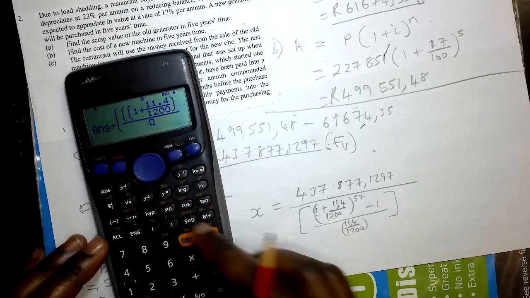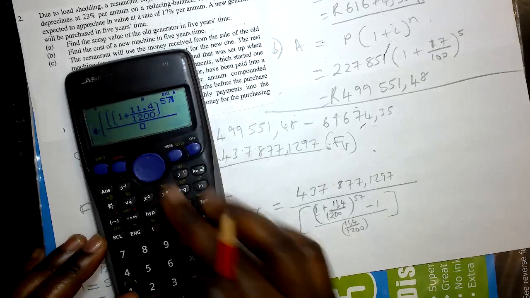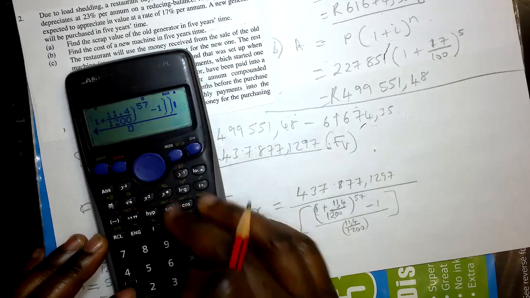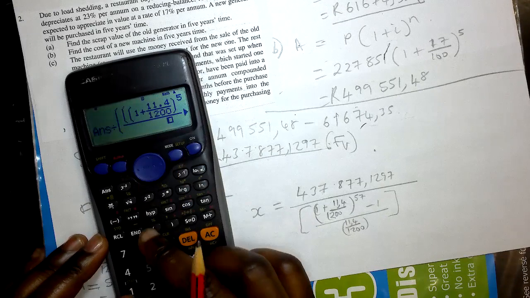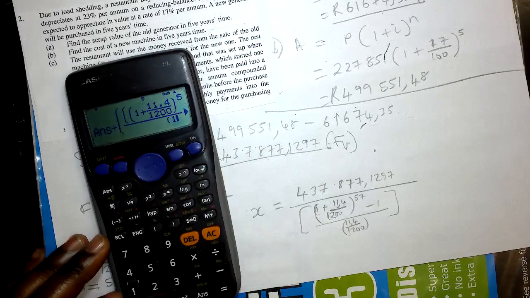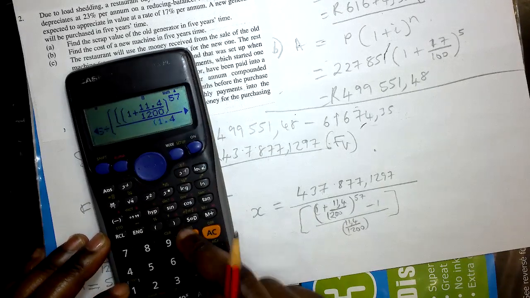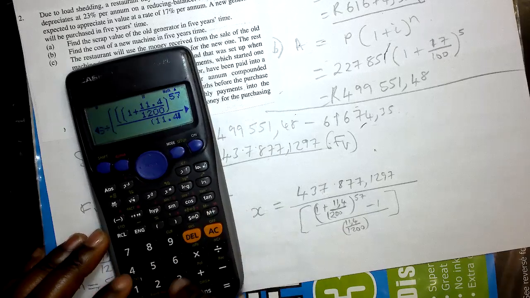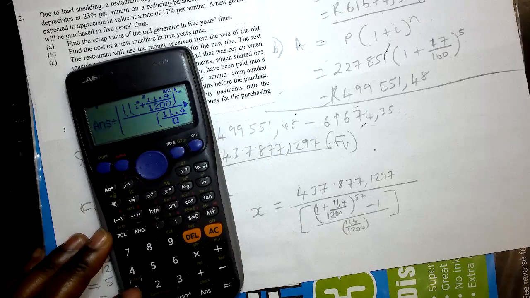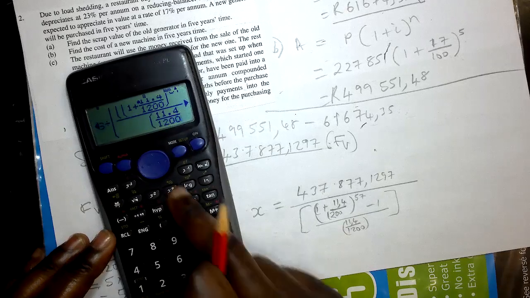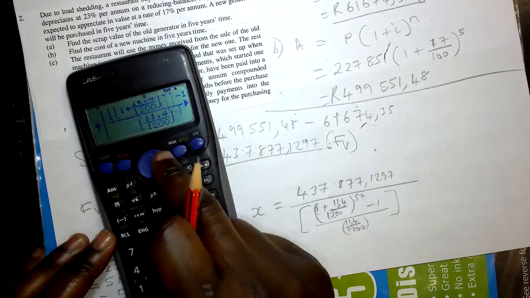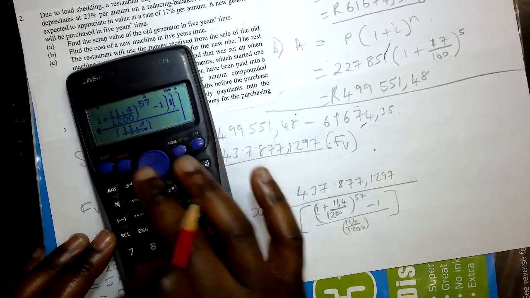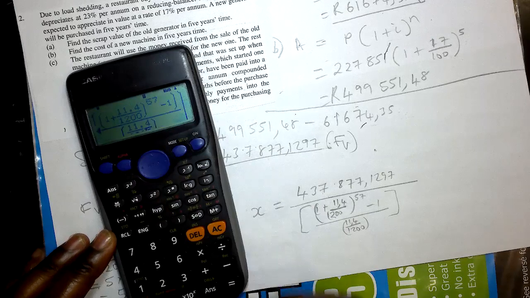We close the bracket, the power 57, minus 1. Then we put down here 11.4 over 1200. Close there. I think we made a mistake there.